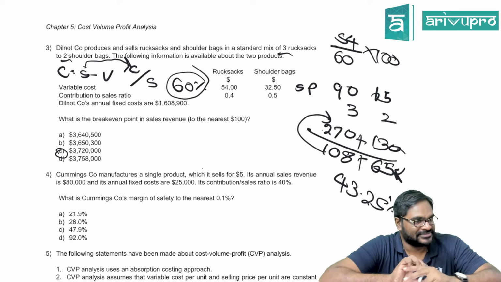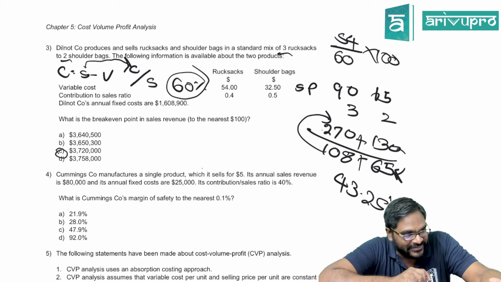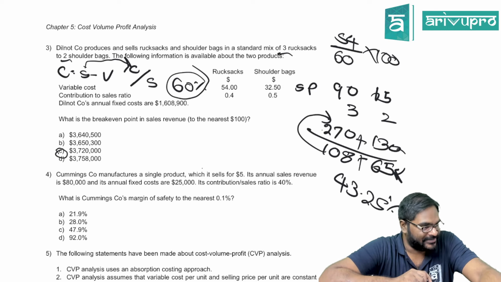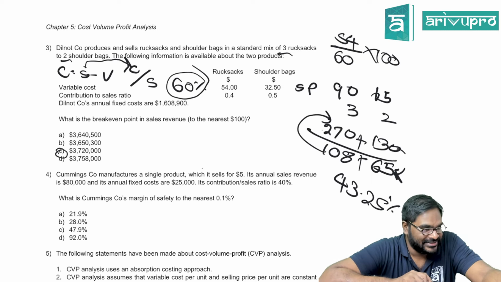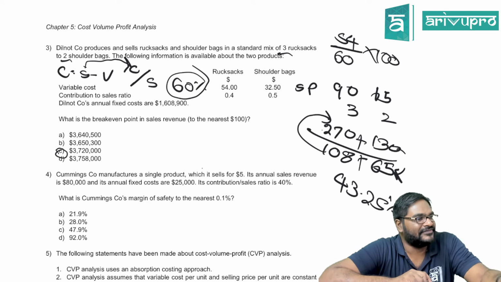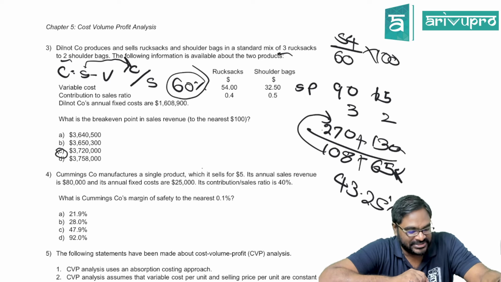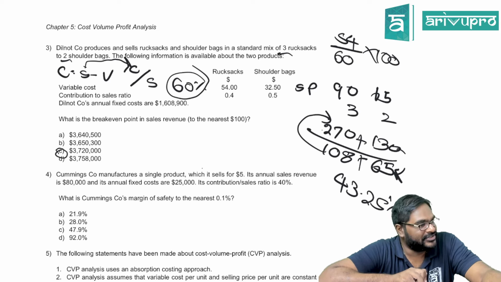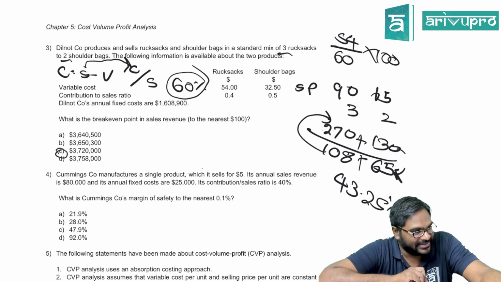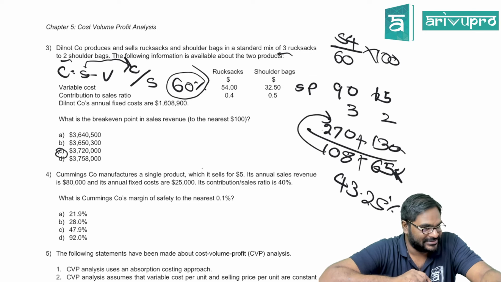So that means if you take a bulk of 5, out of that 3 would be rucksacks and 2 would be shoulder bags. Are we good? Now we are going to figure out the value of this bulk. So 3 rucksacks means 90 into 3. And 2 shoulder bags means 65 into 2. That is 270 and 130.